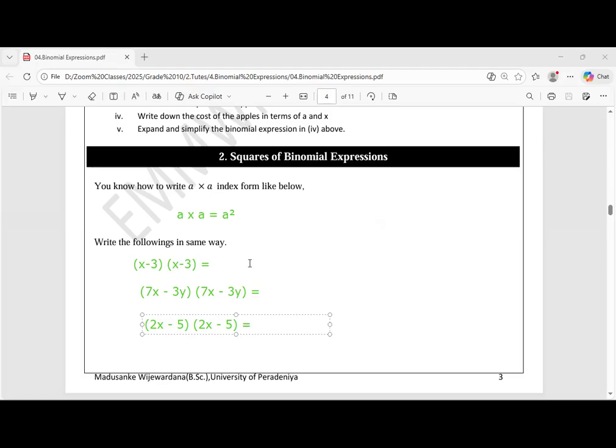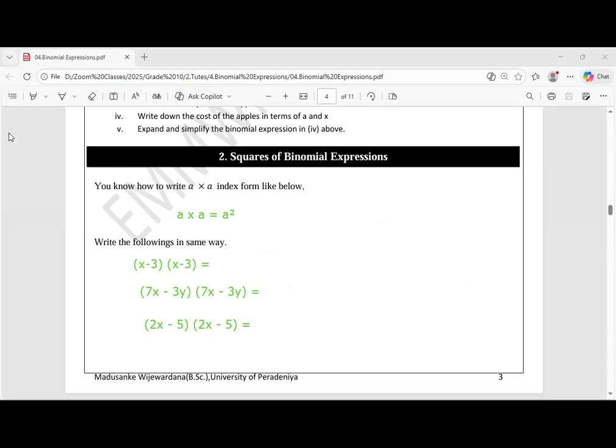Do it. You have to write it in index form, following the same way.